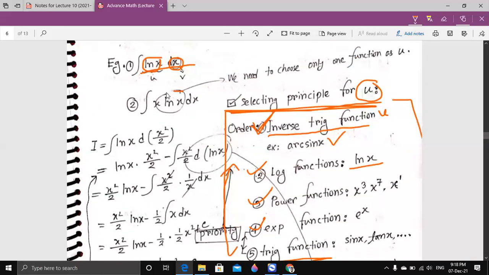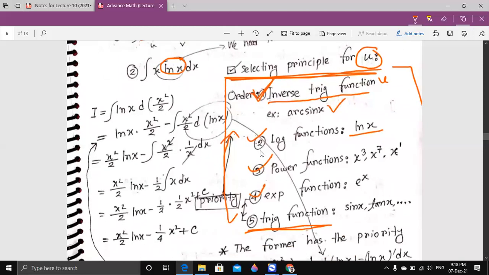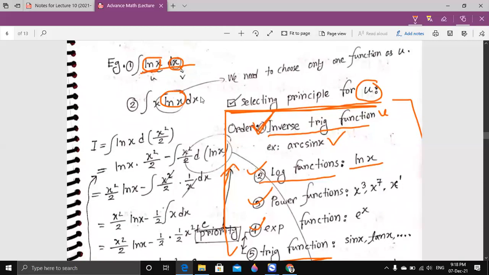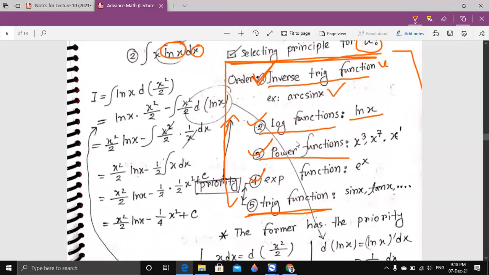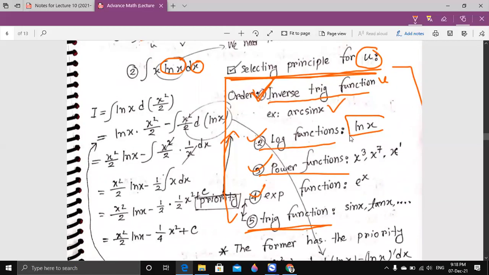Here we have ln x, that means we have a logarithmic function, and we have dx, or we can just say x, which is a power function. So the priority goes to the log function.